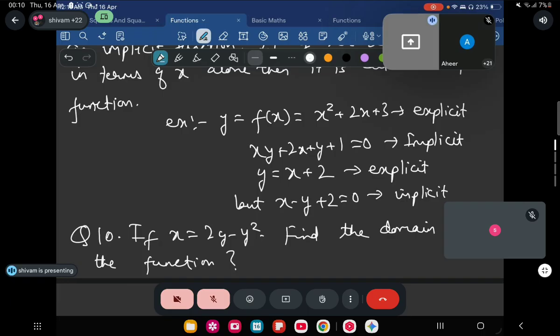Yes, Adija, right answer. Rishabh, your answer is correct. Joyatra, your answer is correct. Ritam, your answer is correct. Ahir, check your answer again.